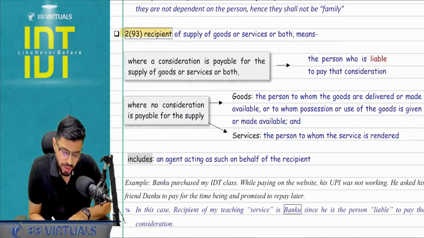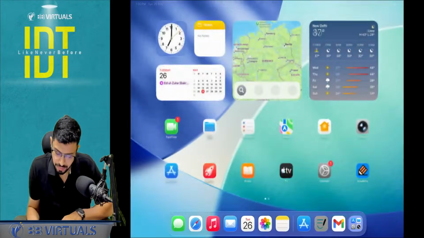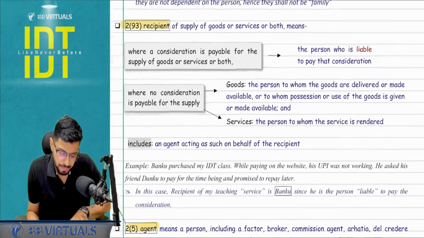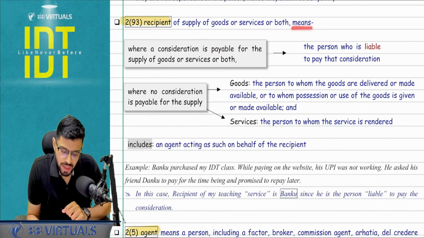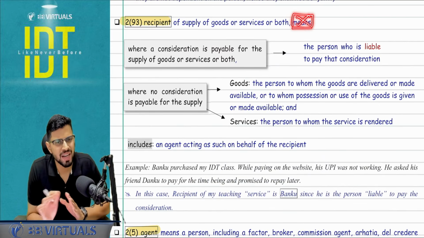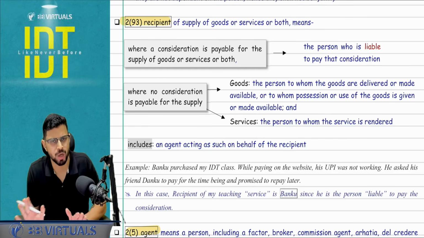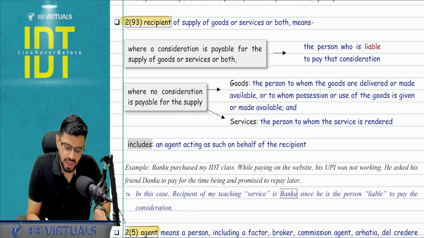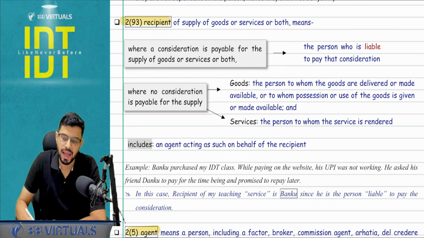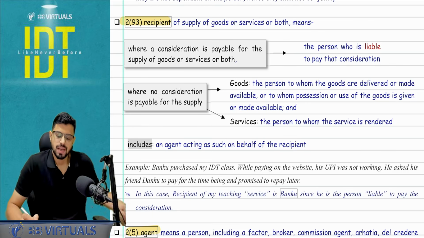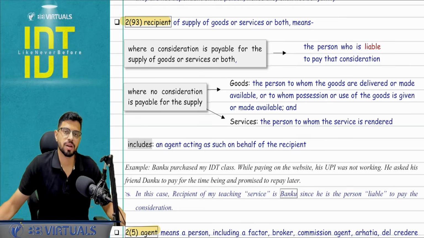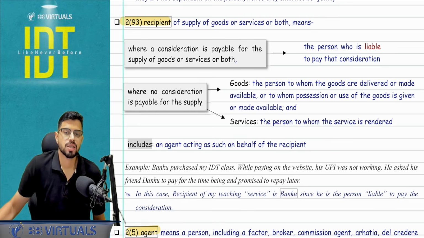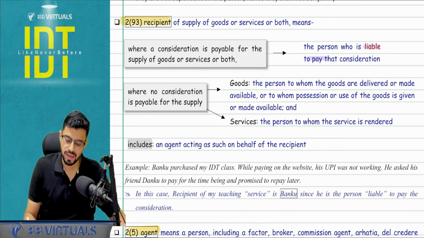So again, with respect to any supply, the meaning of recipient, you don't have to learn where there is means and where there is includes. Absolutely no need. So wherever there is a consideration involved in the picture, it is the person who is liable to pay that consideration.